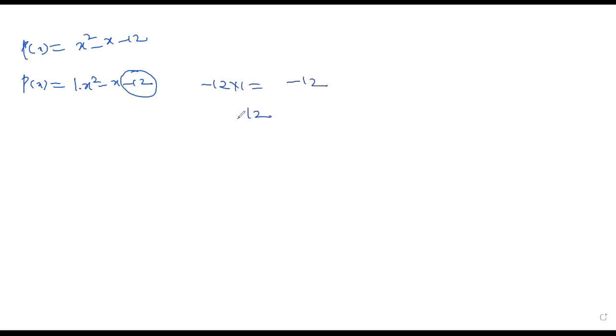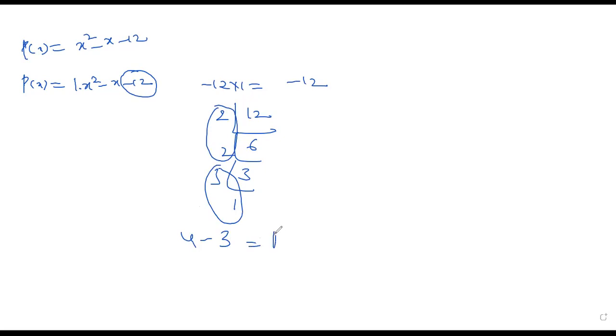Just take 12 and do the LCM. 2 sixes are 12, 2 threes are 6. So just take 2 into 2, 4 and 3 into 1, 3. If you take 4 minus 3, you will get 1. But here we want minus 1. So that's the reason I'm taking minus 4 and plus 3. So that is minus 1.